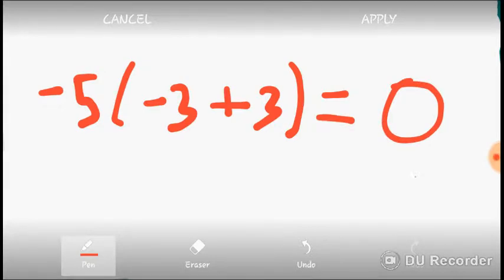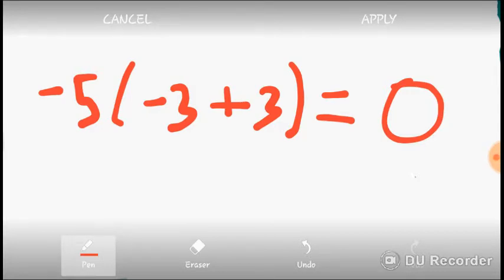Now minus 5 into plus 3: as we concluded just before, positive into negative will give us a result that is negative.